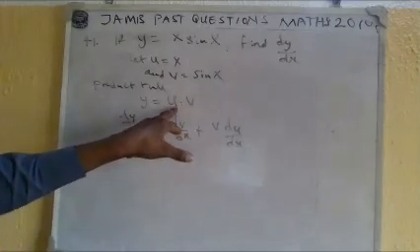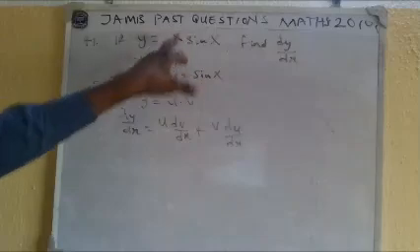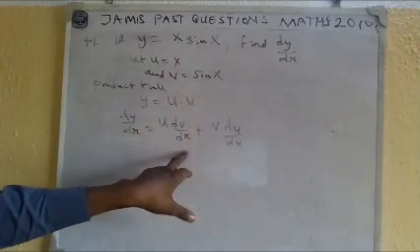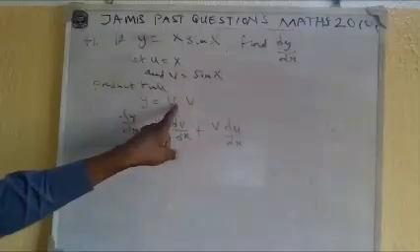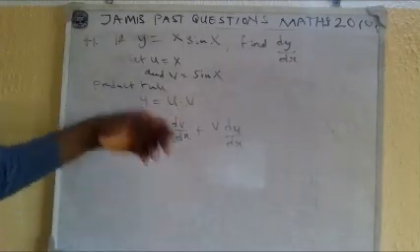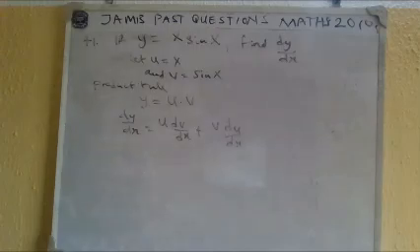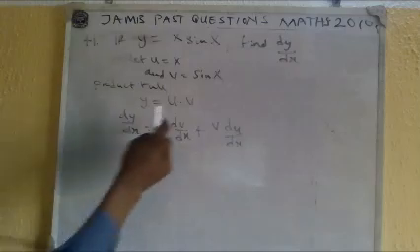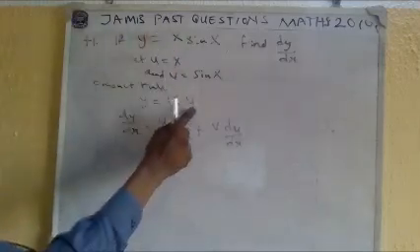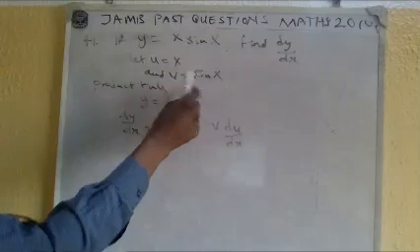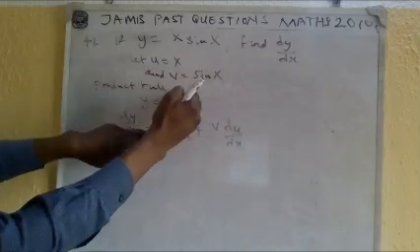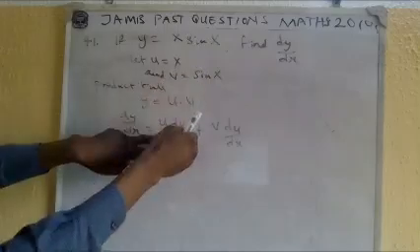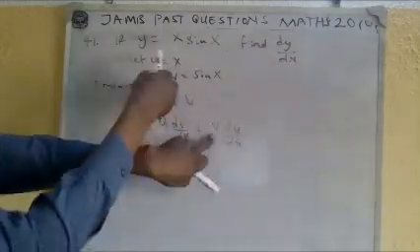That's what you have here. You understand? u is x. So u dv/dx plus v du/dx. It's just a way to make it easier for you to understand, but I've broken it down. I'll define u as x here and define v as sine x. So for the product rule, you keep this one as a component and differentiate this, that's why I said 'did this', plus you keep this one and differentiate this other one.